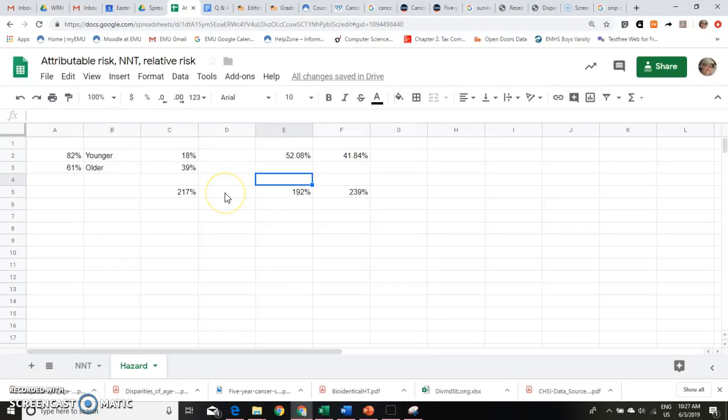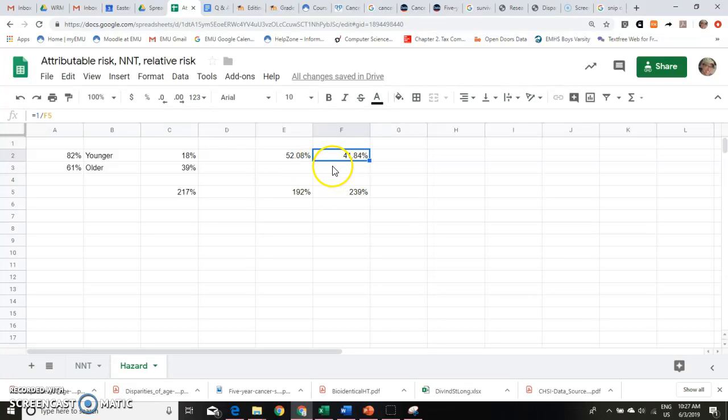So say that my sister who's 38 right now gets diagnosed with kidney cancer, and I want to know her risk of dying within the next 5 years compared to an older person who gets diagnosed. Well, this percentage right here gives me the risk for the older people compared to that of the younger people. These reciprocals give me the risk of the younger person compared to the older person.